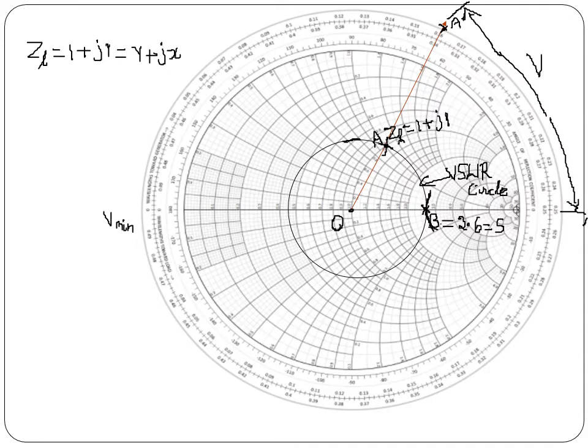This is the distance from the load end to the Vmax position when we travel towards the generator.